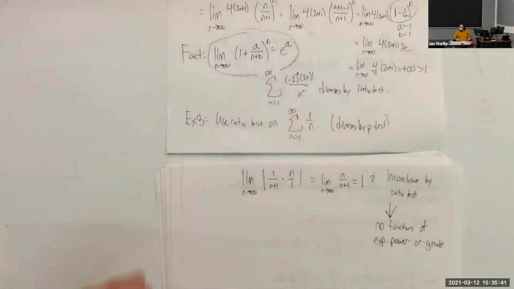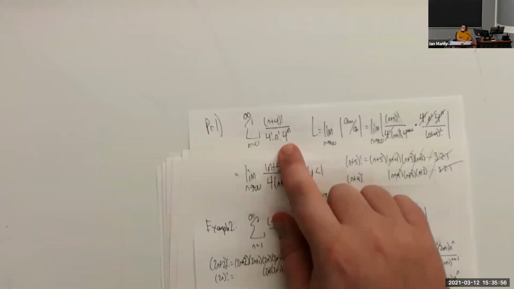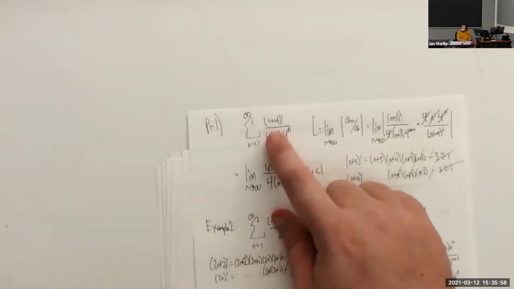One thing in common with all of the examples before this is that they all had an exponential function or stronger involved. The very first example we did today had a 2 to the n in it. This example had a whole host of things that were exponential or stronger, like 4 to the n, n factorial, n plus 4 factorial.